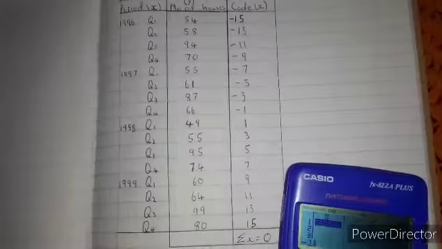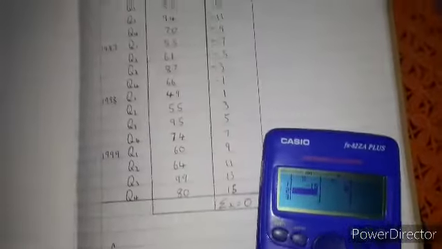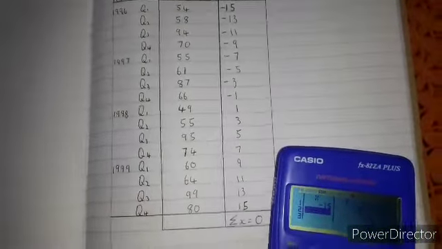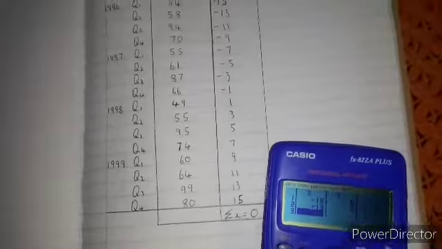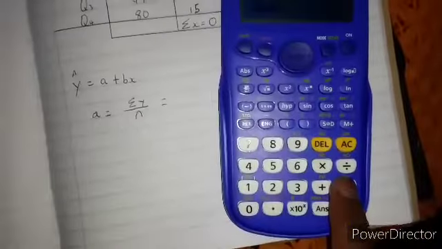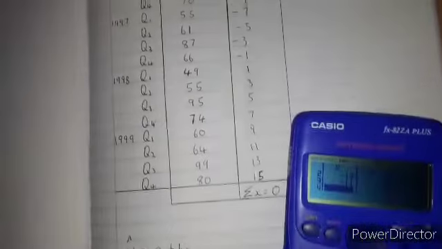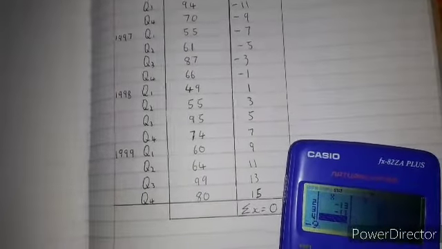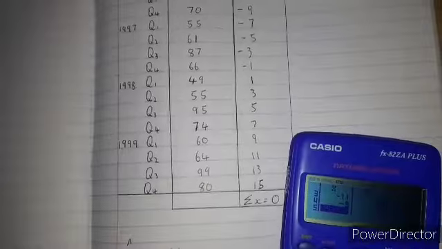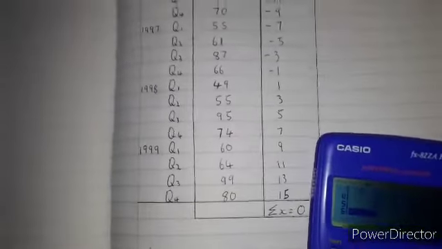It's minus 15, then press equal. Minus 13, equal. Minus 11, equal. Minus 9, equal. Minus 7, equal.